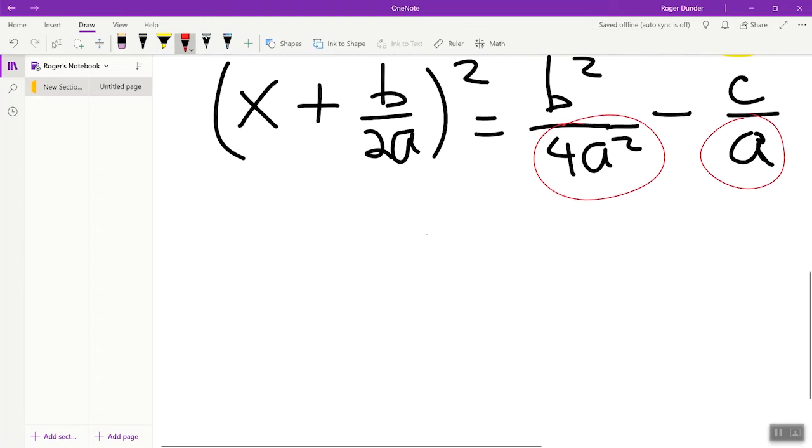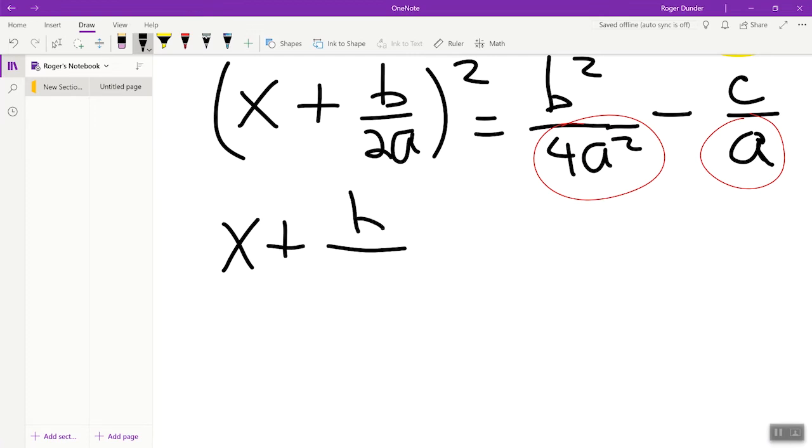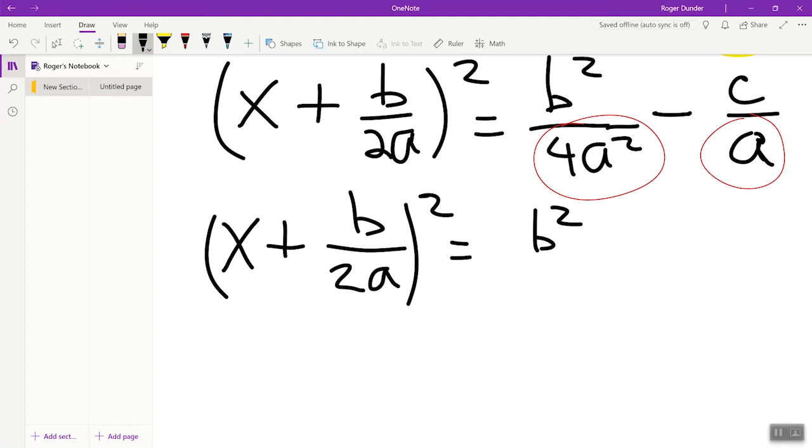So let's go ahead and see if we can work on that and get that done. So x plus b over 2a quantity squared is equal to b squared over 4a squared minus, and again, we're multiplying by 4a on the top and the bottom.